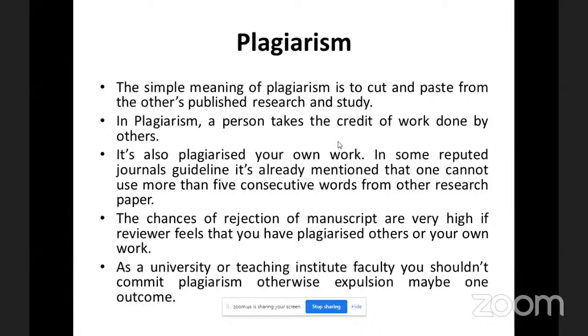Whenever you are utilizing some data, material, text, or equations from other published work, you should be very clear whether you are doing it in a proper manner or not. Because if you are not, plagiarism will come and your paper will be automatically rejected. Automatically. Even before it is sent for review.